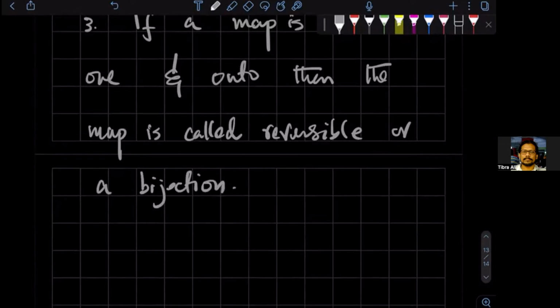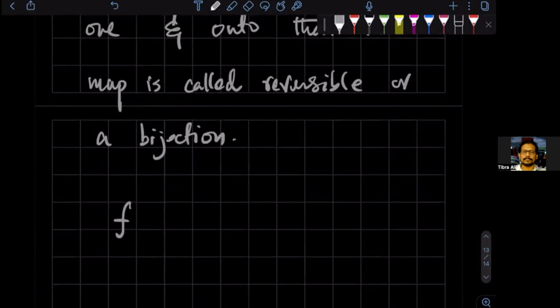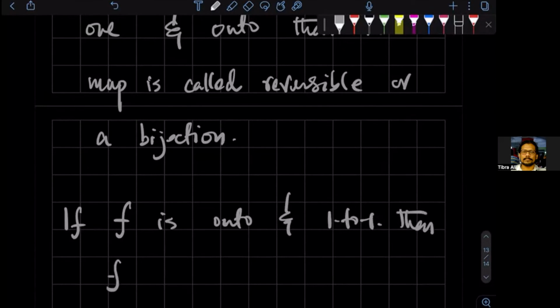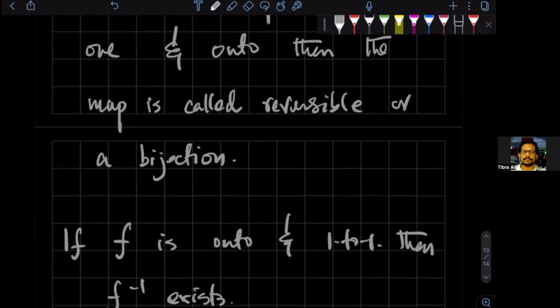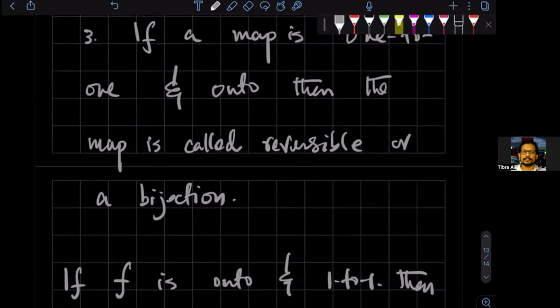Basically, if F is onto and one-to-one, then F inverse exists. Okay, and sorry, it's reversible, but it's called an isomorphism.